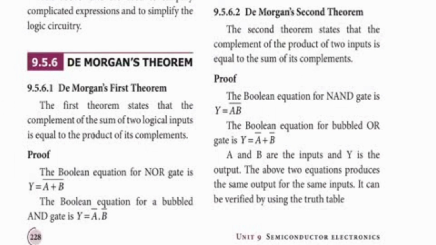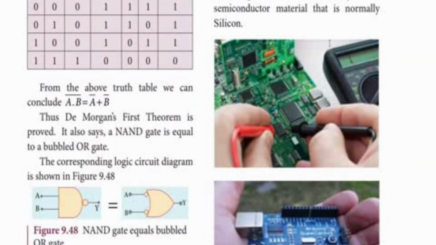Here the complement of the product of two inputs is equal to the sum of its complements. There, sum becomes product, and here product becomes sum. So the complement of the product of two inputs is equal to the sum of its complements.